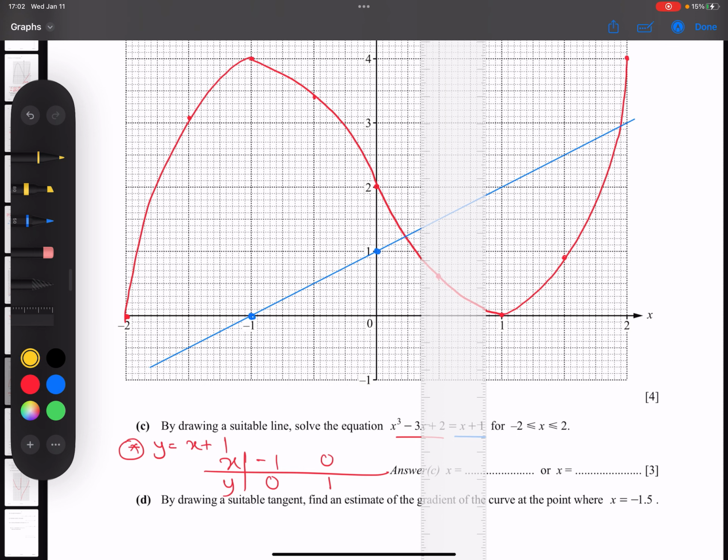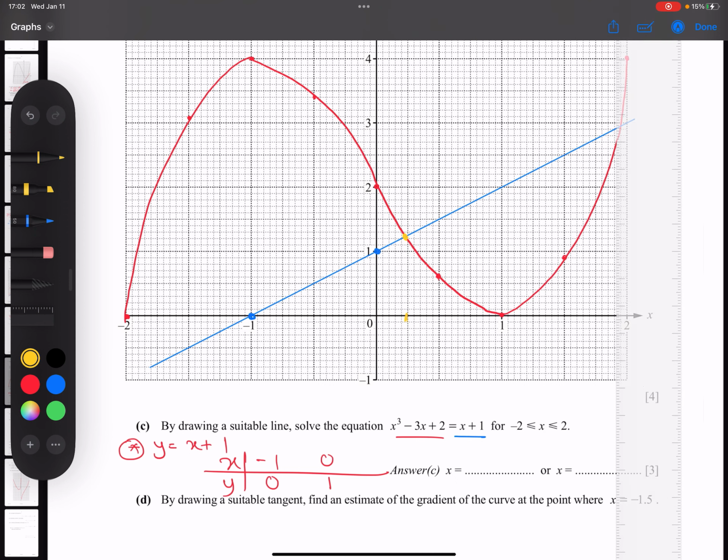So you have your first point of intersection here. So you go and find your answer over here. So this is going to be your first answer. And the second point of intersection is over here. And this is your second answer, somewhere over here. Then you take your ruler away.